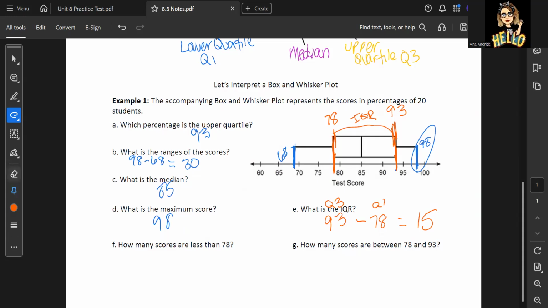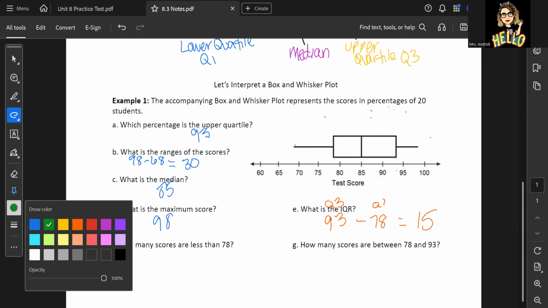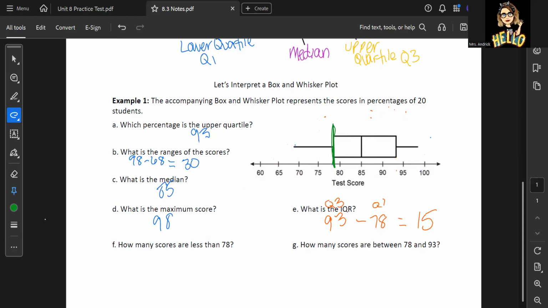Now for this next question, it says how many scores are less than 78? First, we need to find 78 on our graph. Sorry, hold on. I hate this eraser. 78 on our graph is right here. So how many are less than that? Less than that is one section, so 25% of the data. But we don't want to know what percent of the data.